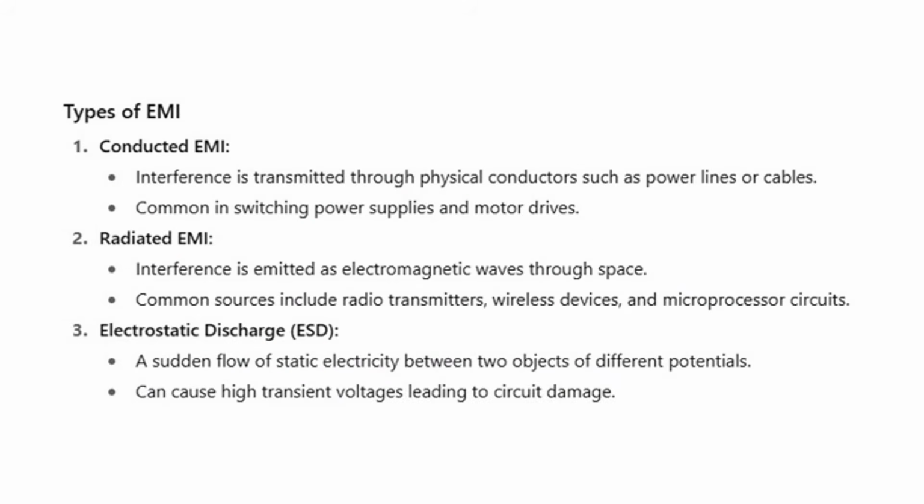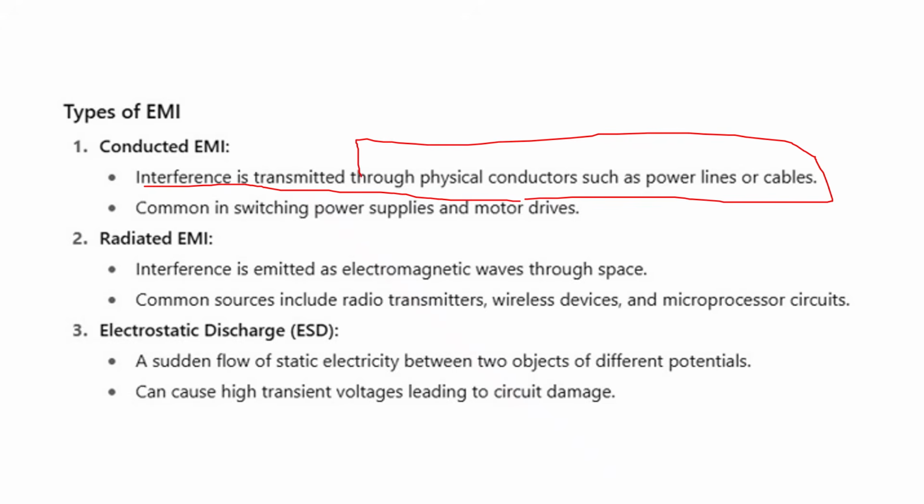Here are the types. Conducted EMI is interference transmitted through a physical conductor such as power lines or cables. Another is radiated EMI, where interference is emitted as electromagnetic waves through space.